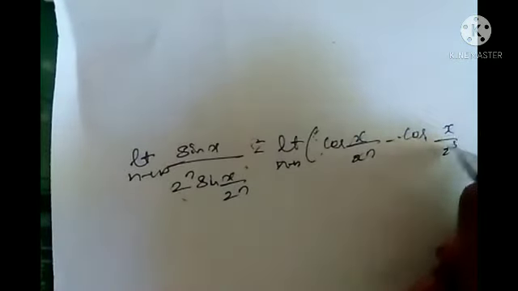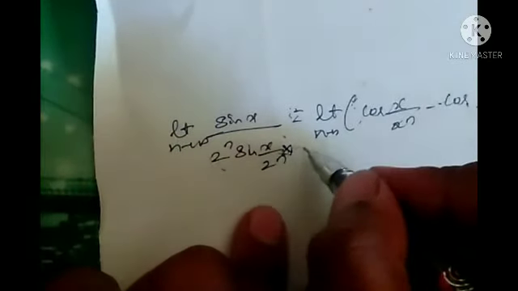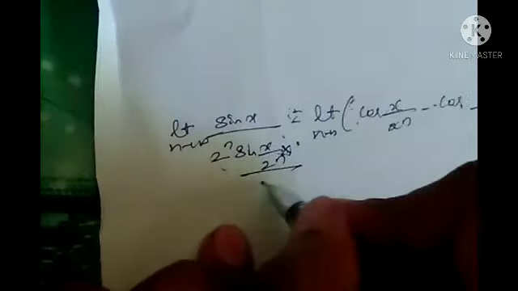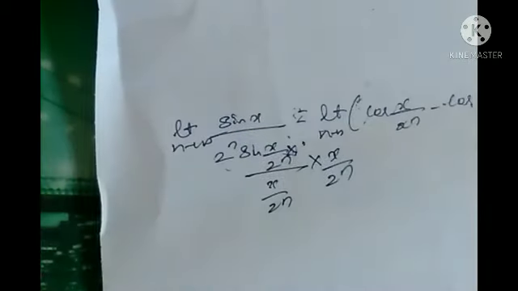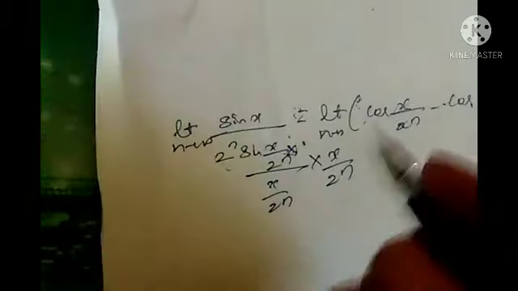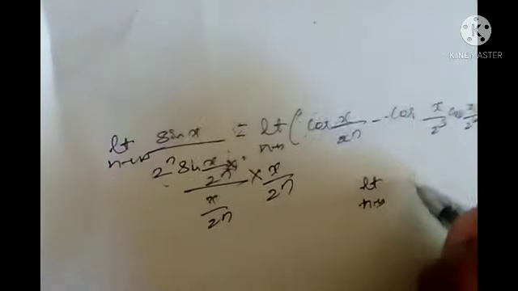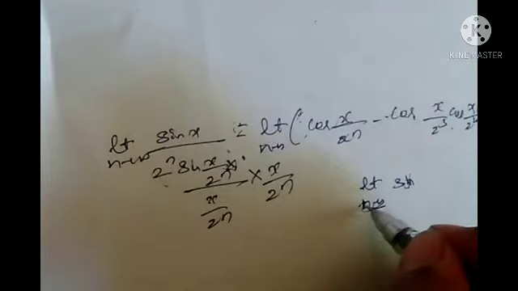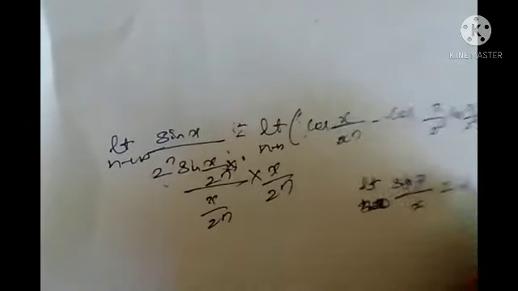We get like this. Okay, we take limit n tends to infinity. This we write like this. Here we multiply and divide by x by 2 power n into x by 2 power n. Okay, multiply and divide because we know the properties of limits. Limit x tends to 0 of sin x by x, the value is what? 1.